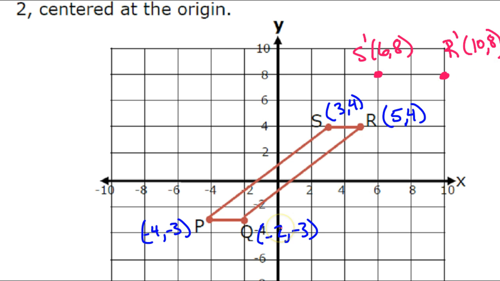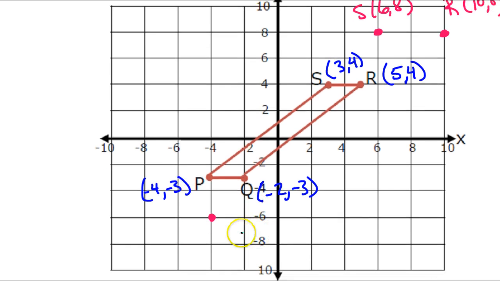Okay. This will be -4, -6. Okay, -4, -6 would be right here. So that'll be my Q prime. If I multiply these by 2, that's going to be -8, -6.